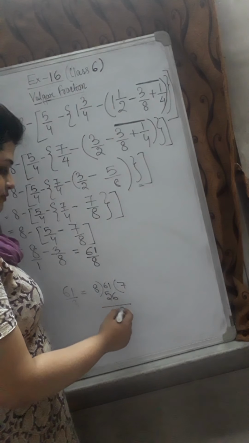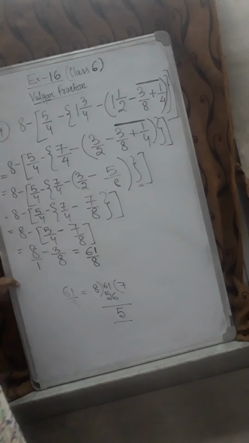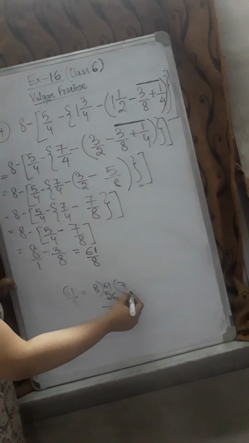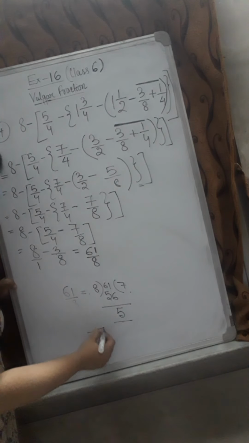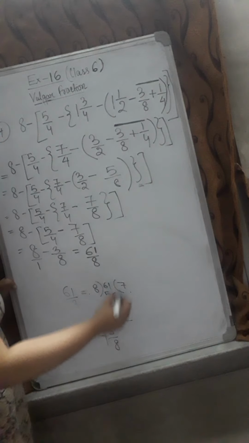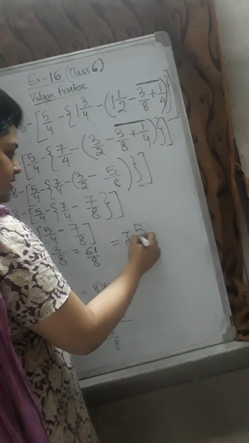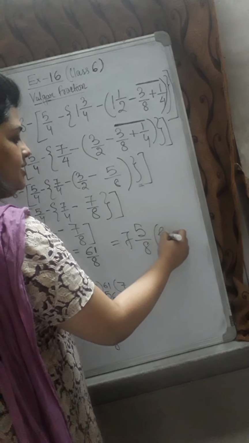Remainder 5. So the mixed fraction will be 7 5 by 8. So the answer of sum 14 is 7 5 by 8.